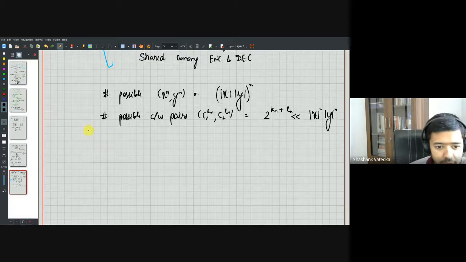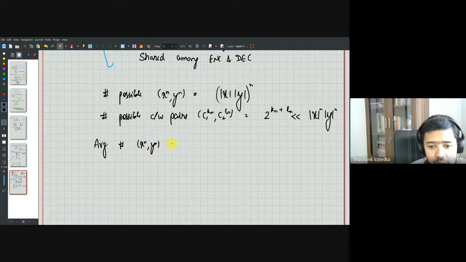So what is the average number of (xn, yn) for each codeword pair?